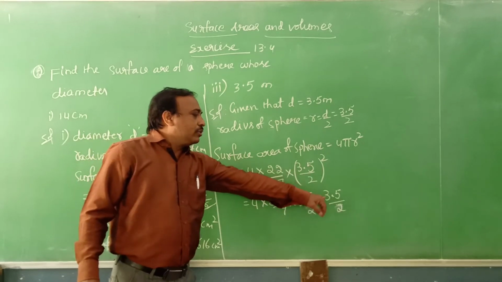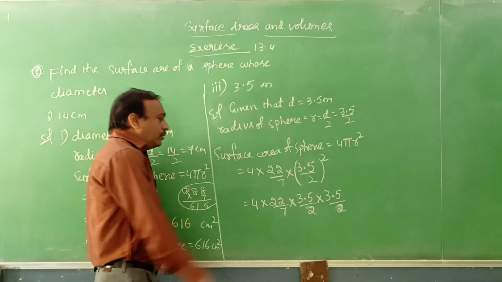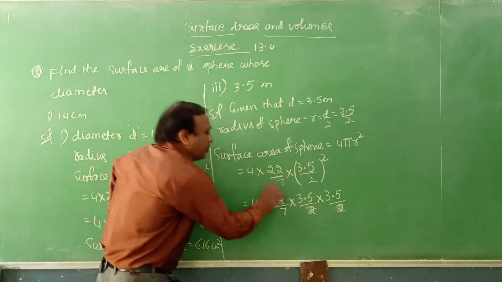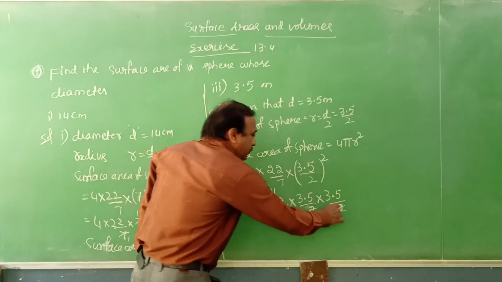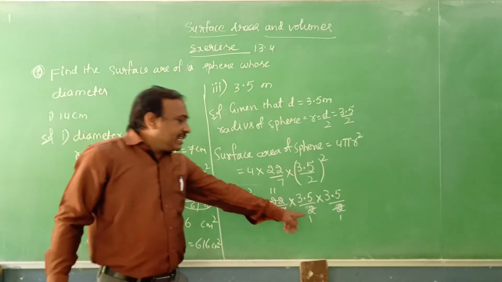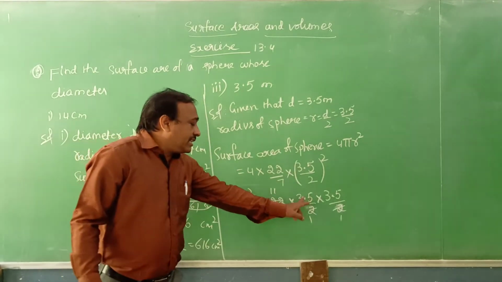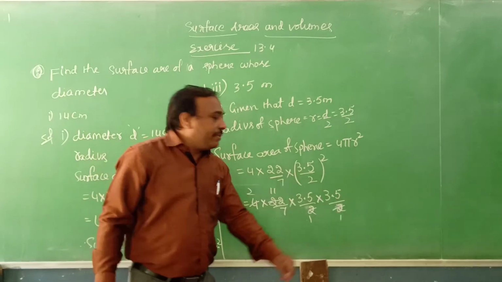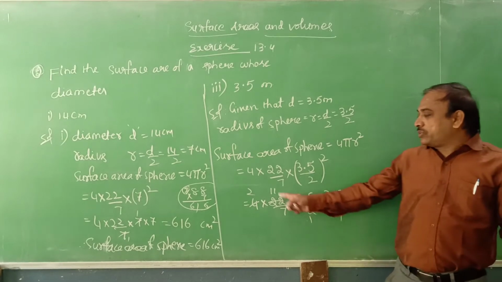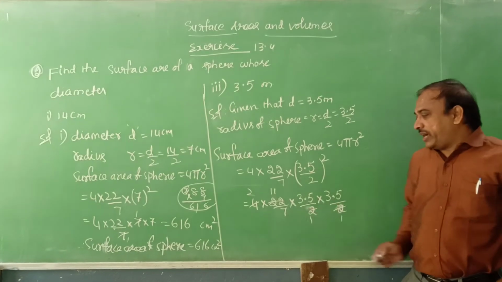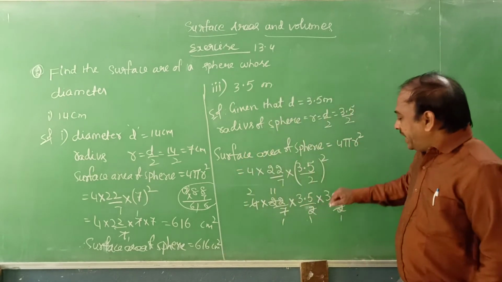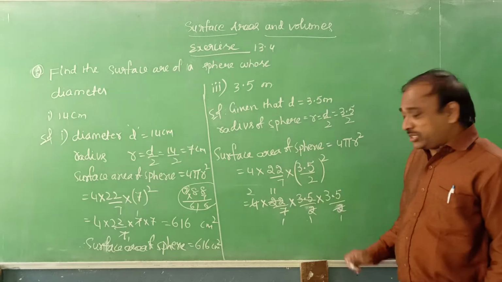It will be easy to cancel. So 2 2s get cancelled. 2 ones are 2, 2 2s are 4, and then 2 11s are 22. Now we have 7.5. Observe it. 7 ones are 7, 3.5 can be 0, 7 zeros are 0.